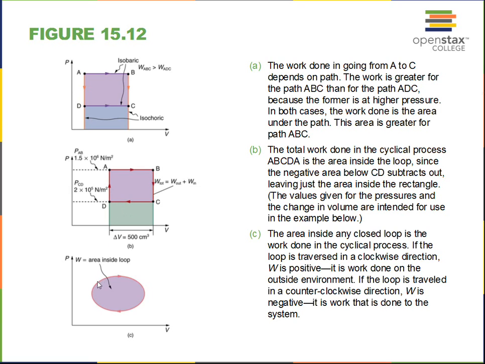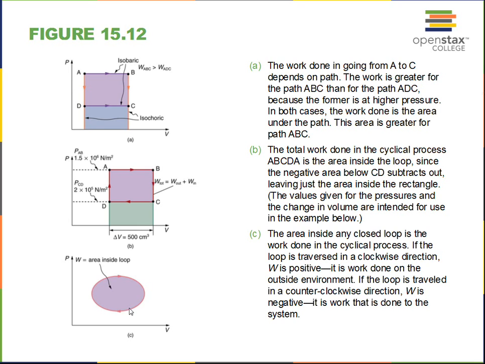If we don't have a square, maybe we have some processes that bring us around some kind of loop, or ellipse. Same principle. If you could drop straight lines down to the volume axis, find the area underneath this curve, and then find the area underneath the straight lines and subtract, we'd have a net area here that would be the amount of work that is being done.